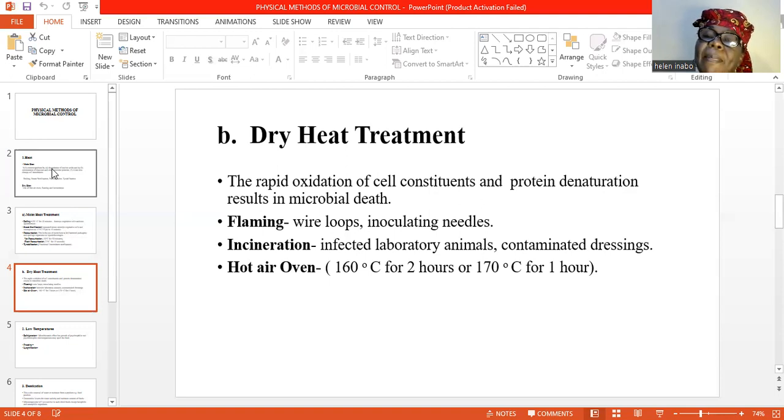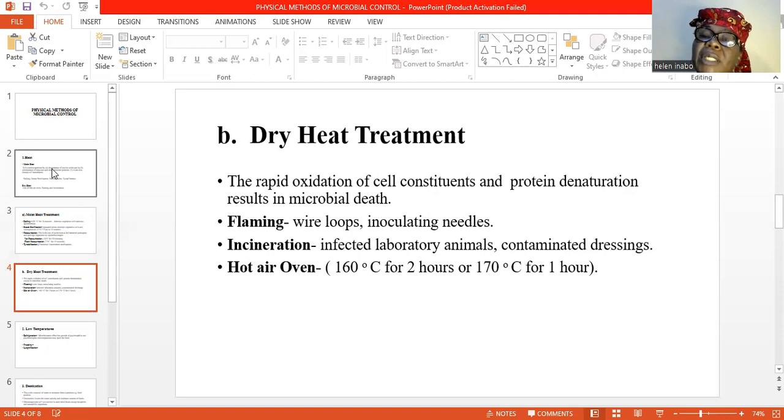An adaptation of the incineration in the lab is what is called bench incinerators, which can be used to flame wire loops and inoculating needles.